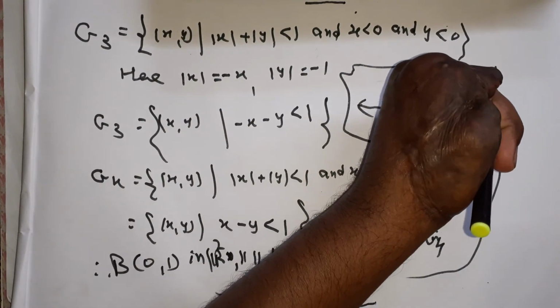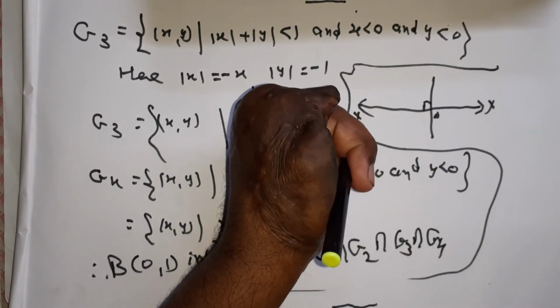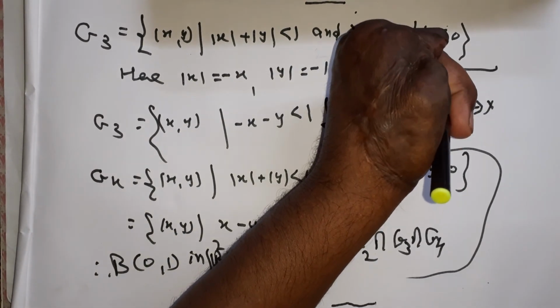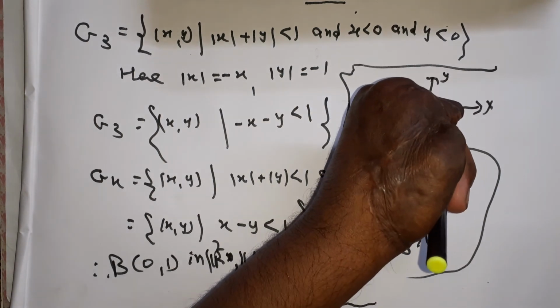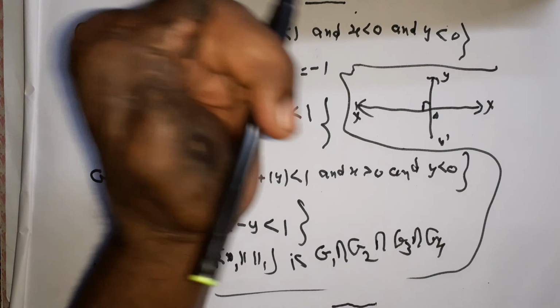X O X dash, Y O Y dash. Now this is the line x plus y is equal to 1.